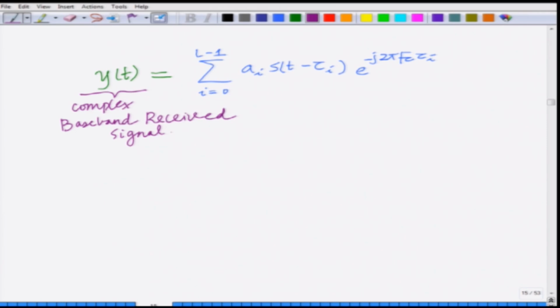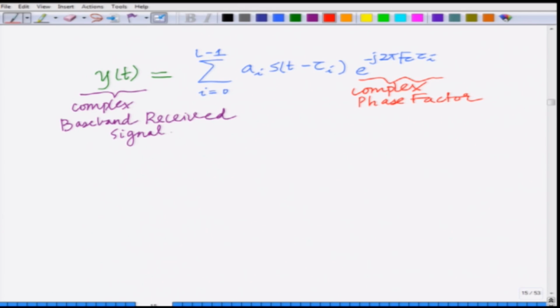The ith component is AI S of t minus tau I e to the power of minus j 2 pi f c tau I, and therefore this delay tau I is giving rise to this complex phase factor. You can see the ith delay is giving rise to the complex phase factor.